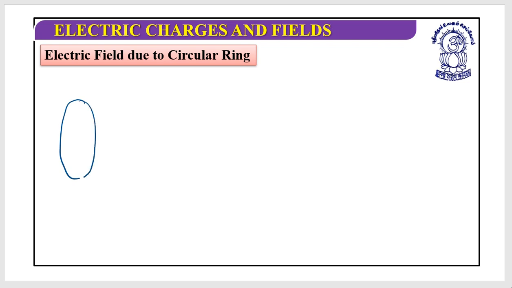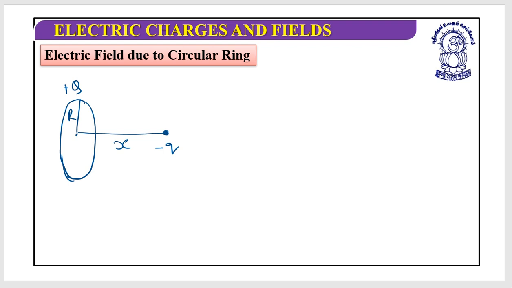What they have given is, this is a charged ring, plus q, radius r, distance x, and this is a minus q charge.